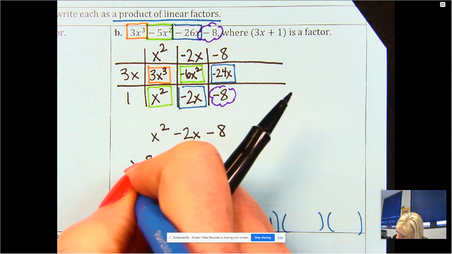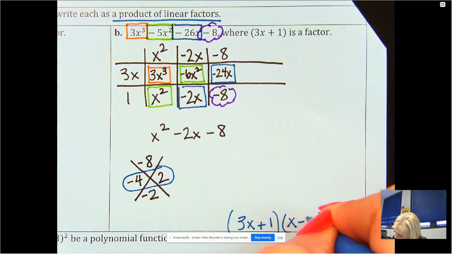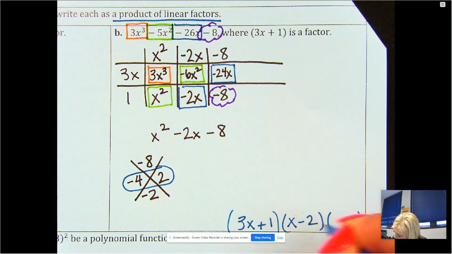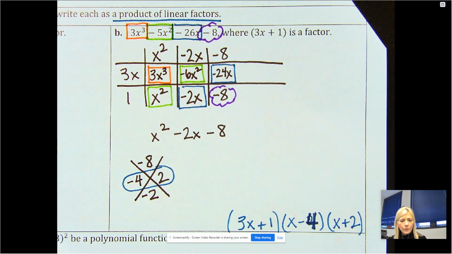And so these two values finish up our linear factors. Sorry, x minus 4 and x plus 2. Okay, so this is a minus 4 right there. All right. So that was rewriting in factored form.